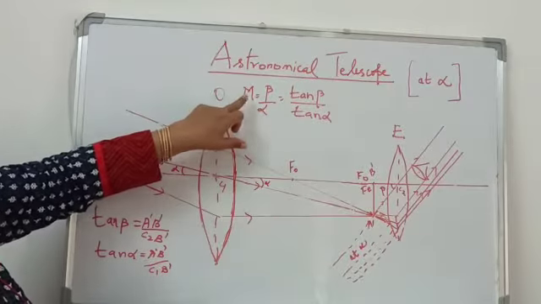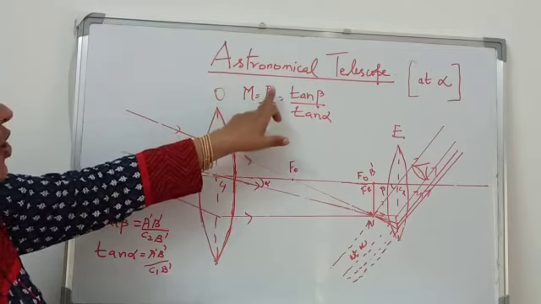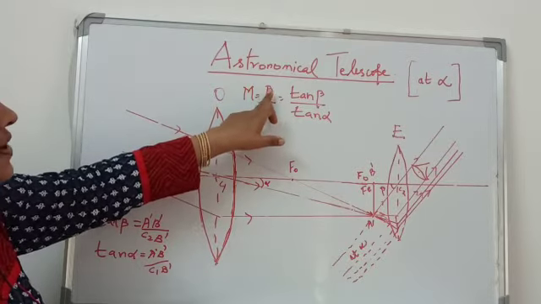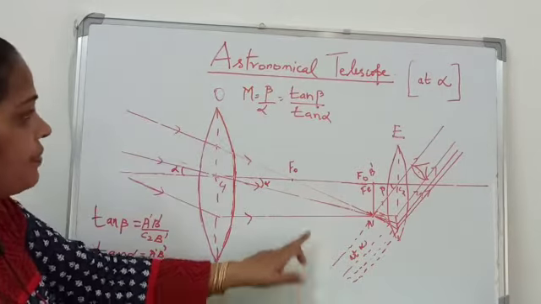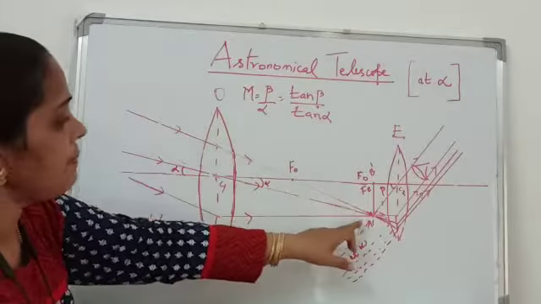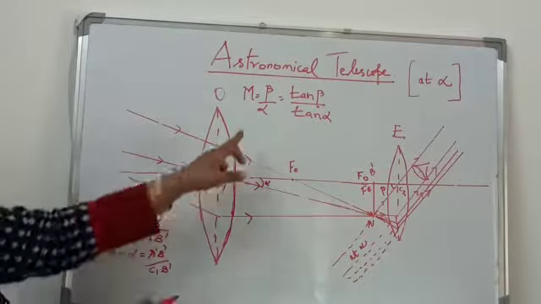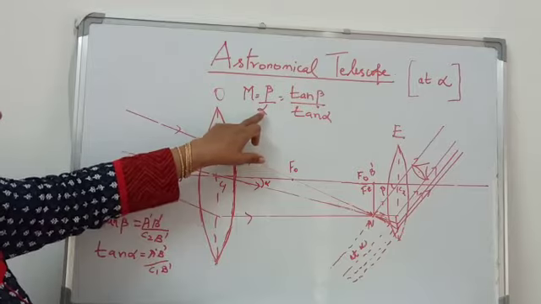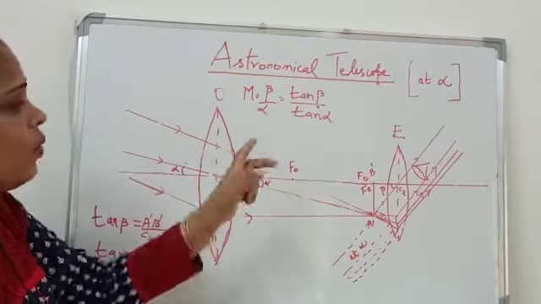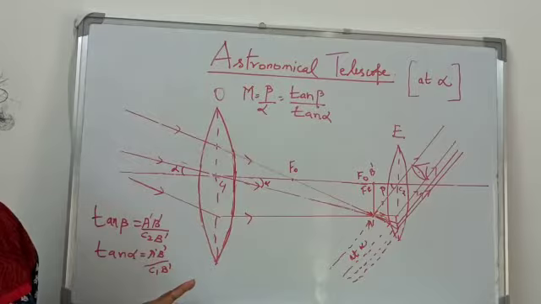Magnifying power can be defined as the ratio of the angle subtended by the final image at the eye, when the image is formed at infinity, to the angle subtended by the object at the eye, when the object is also at infinity.